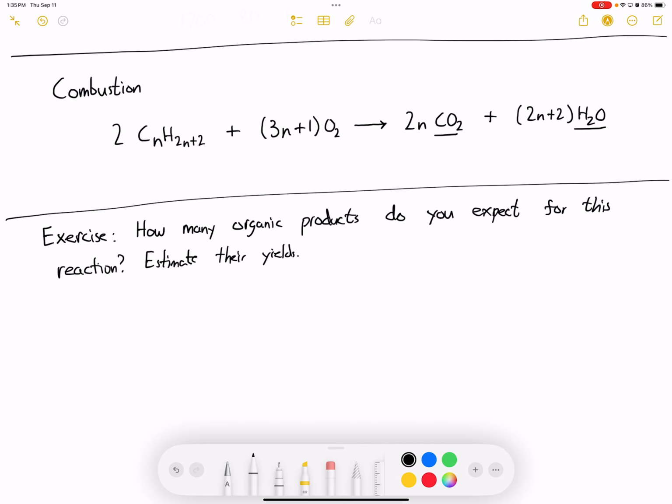So if you know the relative rates, and you know the number of hydrogens, you can determine the yield based off the total number of hydrogens and the number of hydrogens that can react to give you that product, okay? So let's take our alkane here.